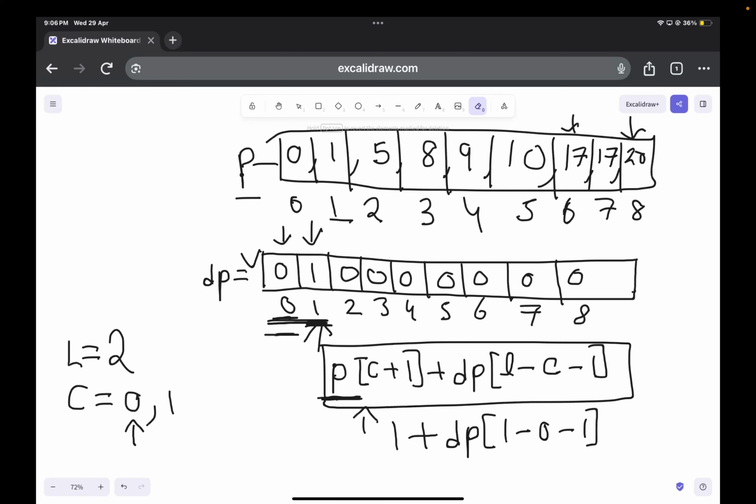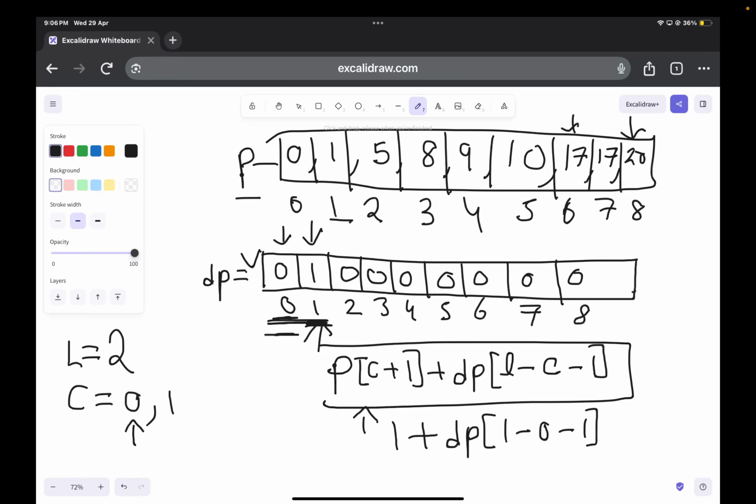Wait, am I missing something? Price of cut plus 1, plus value of length.